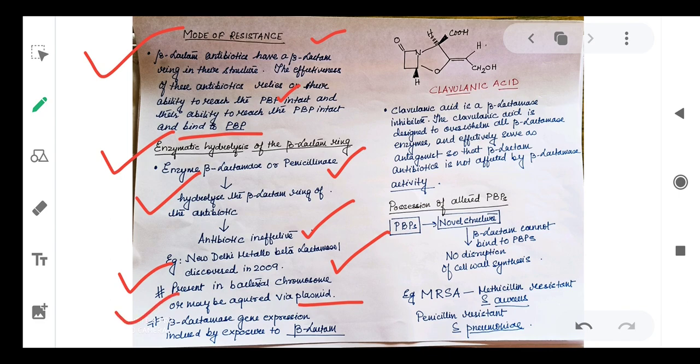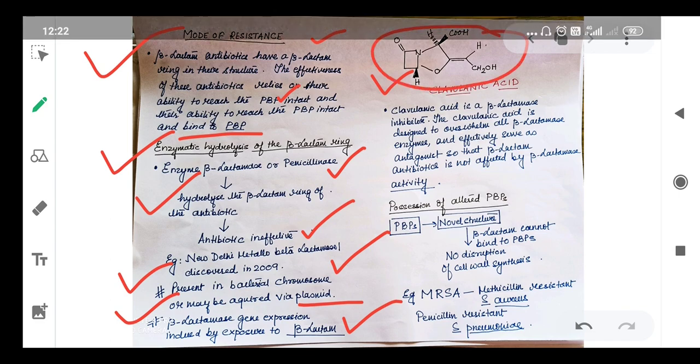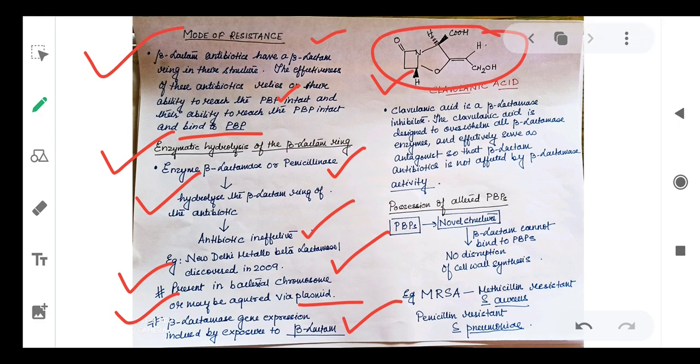Now, this is a differential expression, right? The beta-lactamase gene is expressed only when it is induced by the presence of beta-lactam antibiotics. So if you have beta-lactam, then that will induce the expression of this particular gene to produce the beta-lactamase enzyme. We have a solution to this problem, and the solution is clavulanic acid. Here I have drawn the structure of clavulanic acid. Clavulanic acid is a beta-lactamase inhibitor.